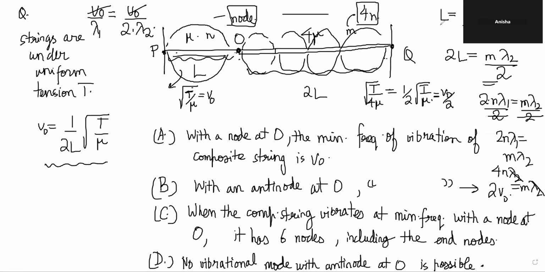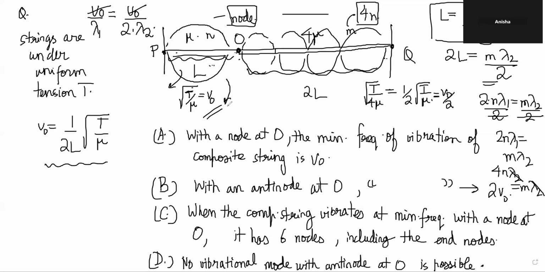So 1 by 2L into velocity. So V naught is coming. If n is 1 you can get the frequency here. It is V naught only, 1 by 2L into root T by mu, which is V naught. That A option is correct.